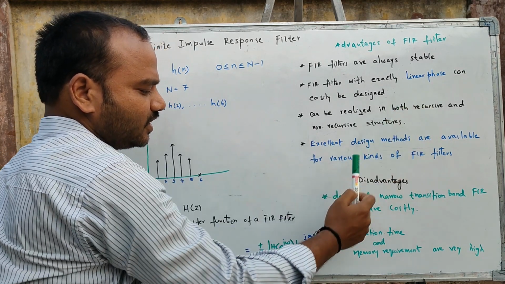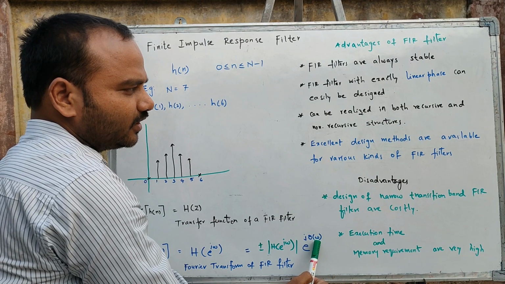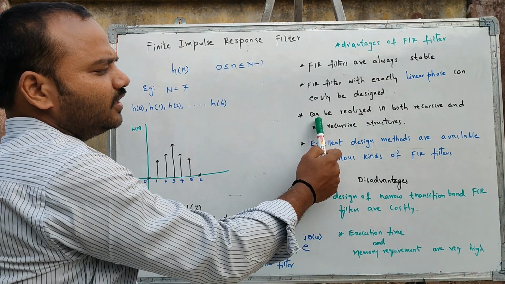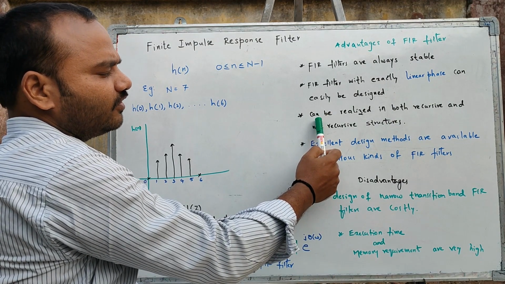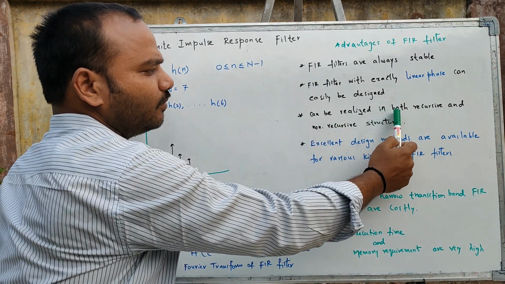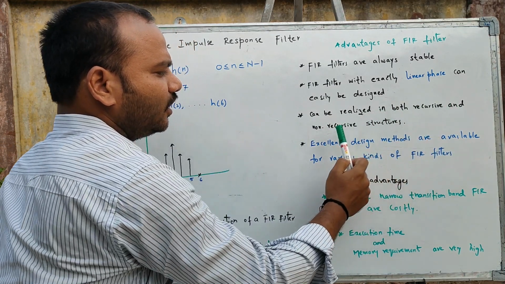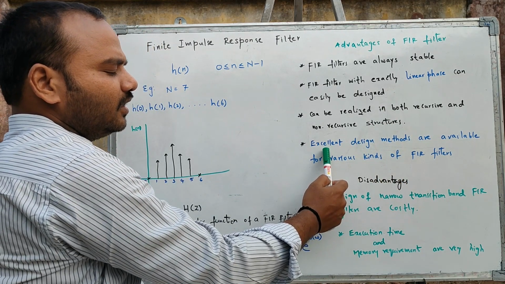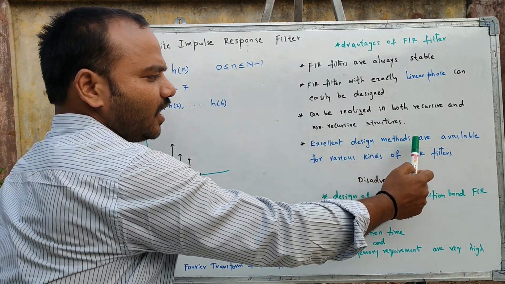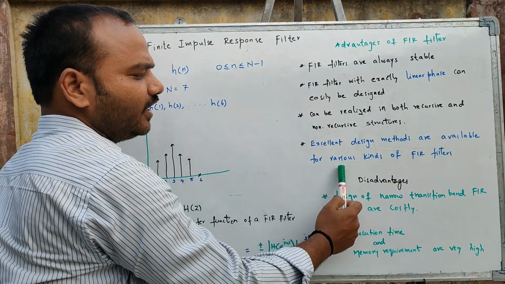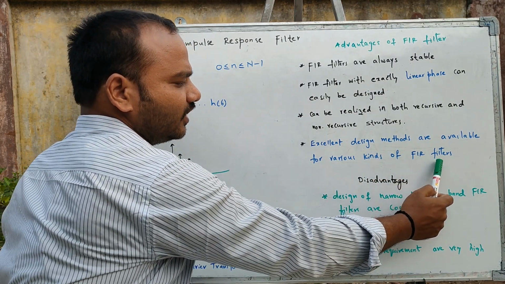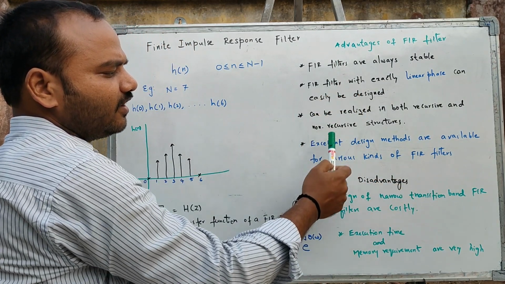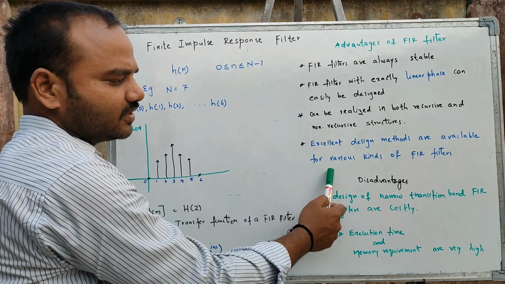Linear phase is referring to this particular term. Third advantage is FIR filters can be realized in both recursive and non-recursive structures. Excellent design methods are available for various kinds of FIR filters. These are the advantages of FIR filters.